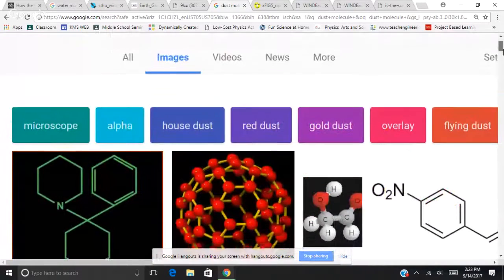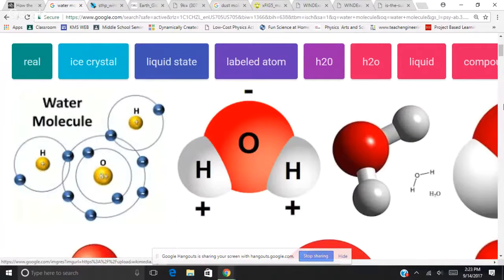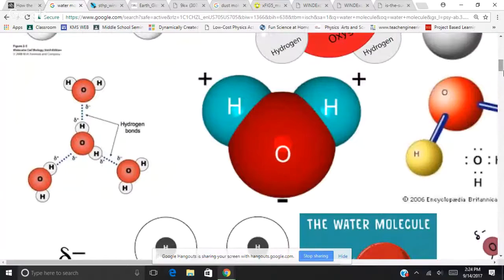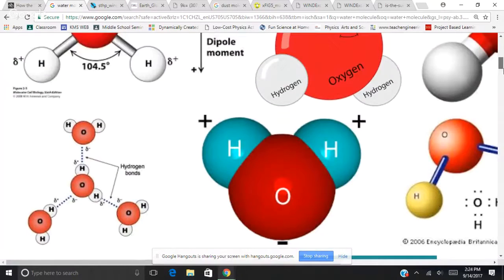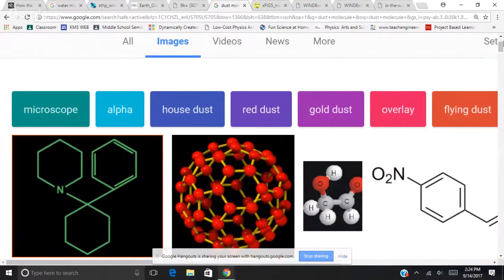So when water molecules bond together, they create a long chain like this. But when they bond to dust, they create a giant mass of water.